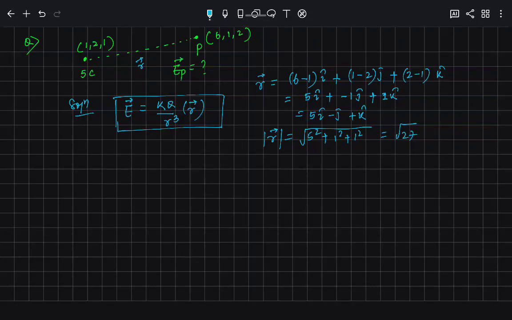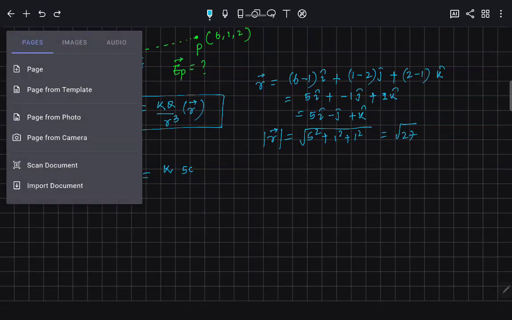So now if I write down the electric field at the point due to this 5 coulomb charge, it will be K into q, given as 5 coulomb, divided by, or you just write 5 here, because for K also we are not writing the unit.